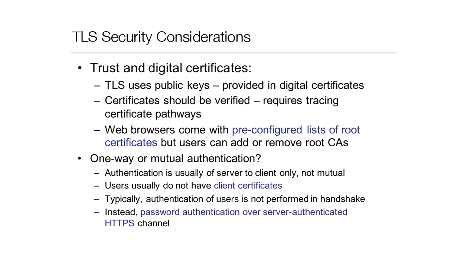So TLS uses public keys provided in digital certificates. Because of the digital certificate, the public key is going to be trusted by the client. How these digital certificates are achieved we discussed in our previous lecture. There are trusted certification authorities, and because of that trust, clients will use the server's certificate.